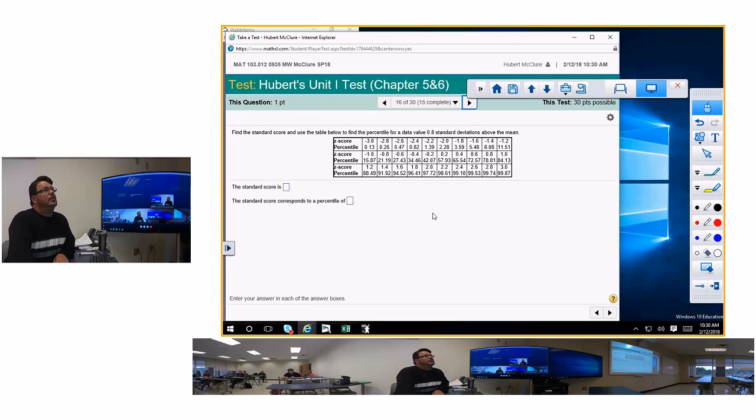Okay. Find the standard score and use the table below to find the percentile for a data value 0.8 standard deviations from the mean. 0.8, so that's a positive 0.8. Where is 0.8? I'm looking for it. Here we go, 0.8, 78.81.